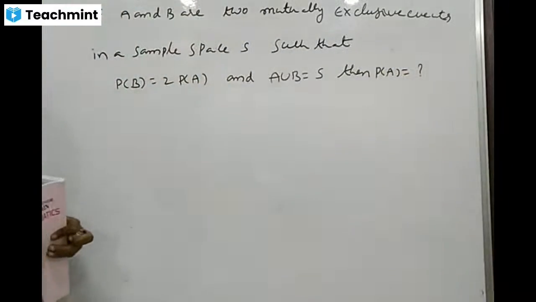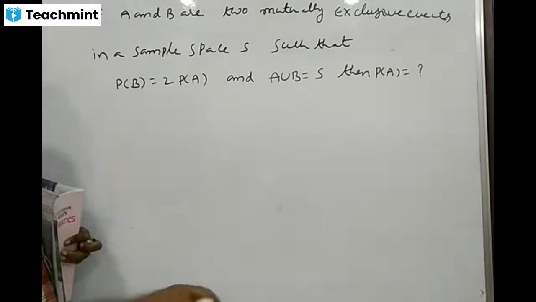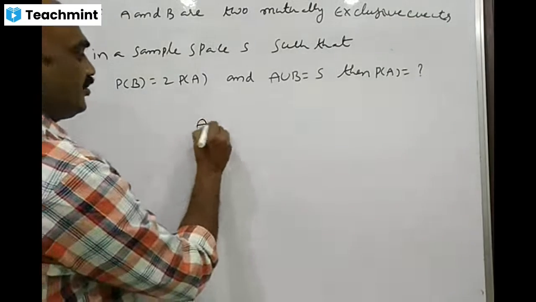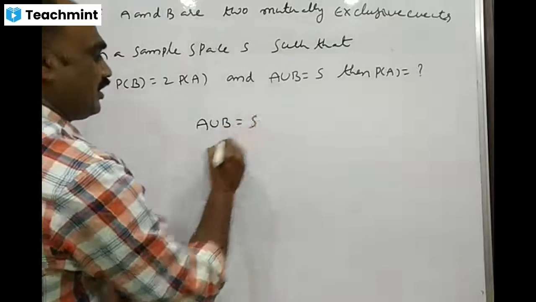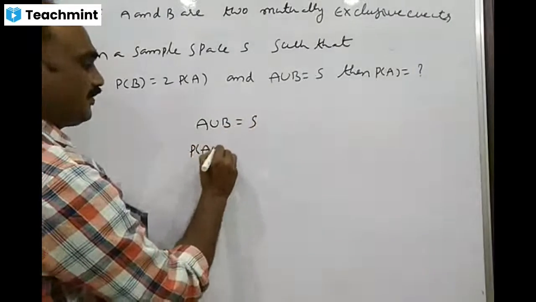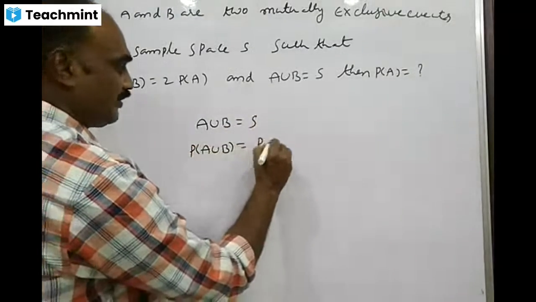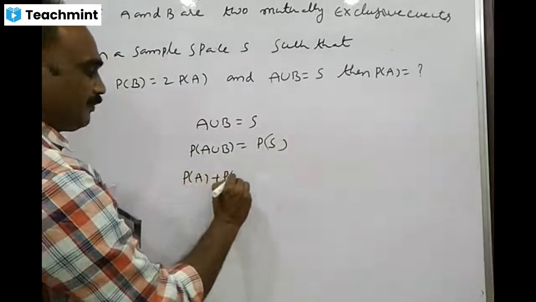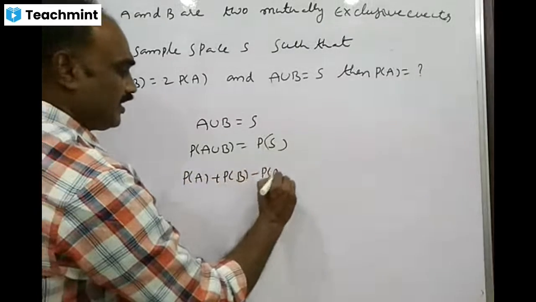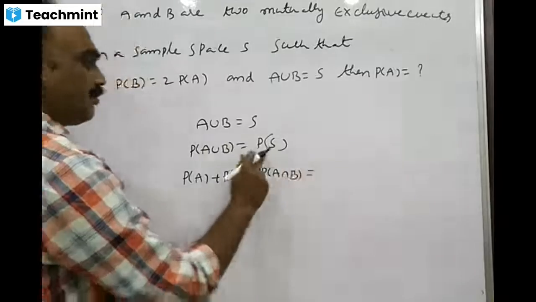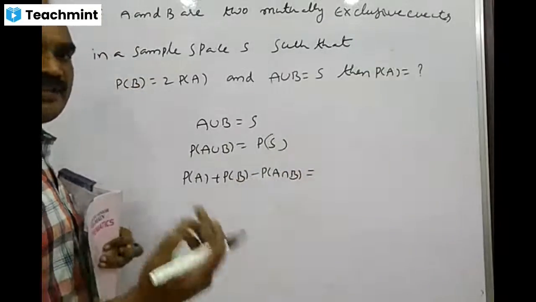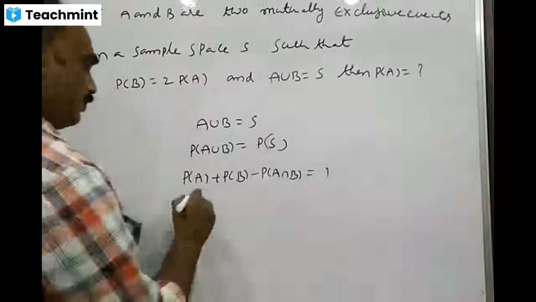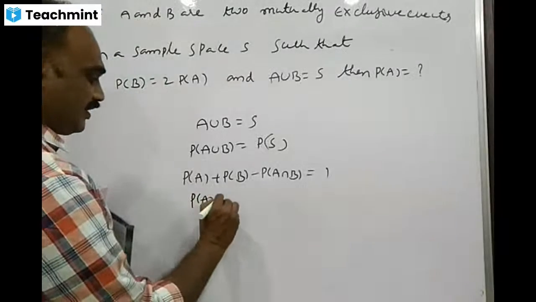So here A, B are mutually exclusive events. Probability of A intersection B is equal to 0. So here A union B is equal to S. Taking probability on both sides, P of A union B is equal to P of S. So P of A union B is equal to P of A plus P of B minus P of A intersection B. P of S, certain event probability is 1.